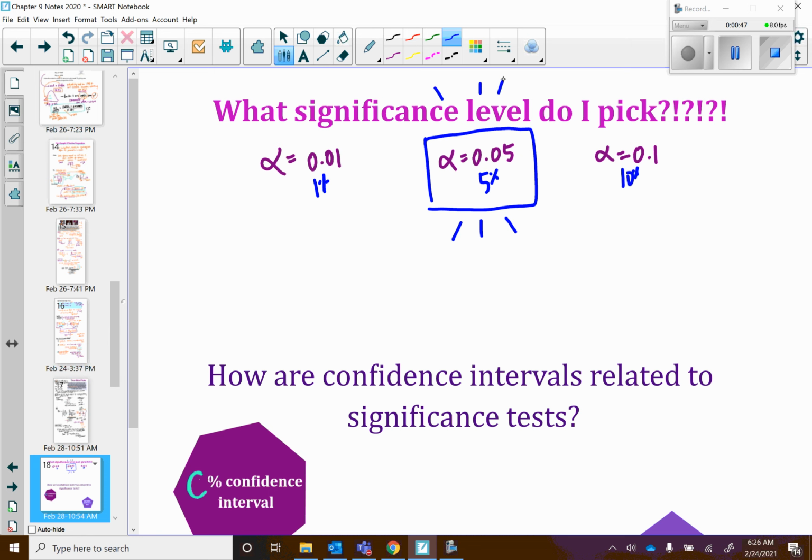However, if you were out as a real statistician running a significance test, you would decide your significance level based on which error you want to avoid. So you would have to consider which error, type 1 or type 2, is worse for your company, worse for your client, worse for whatever.